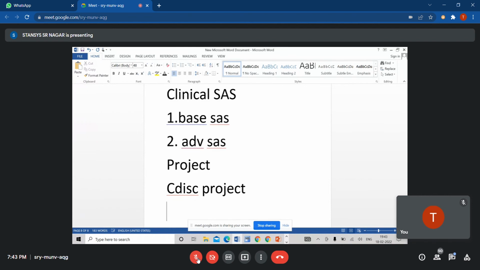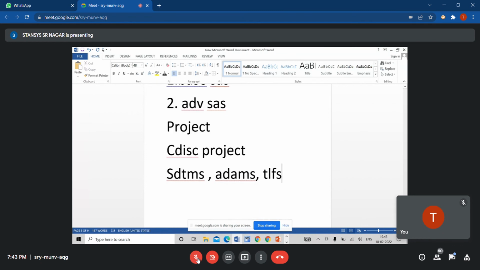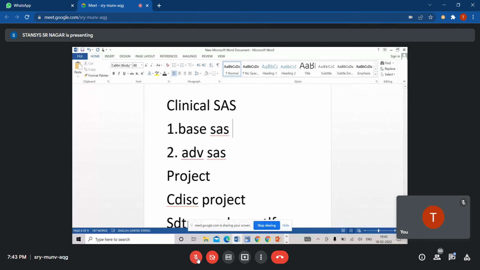In this project, we explain SDTMs, ADaMs and TLFs, and we provide this completely. In clinical SAS, base SAS takes 2.5 months, advanced SAS is 15 days, and the project is 2.5 months.